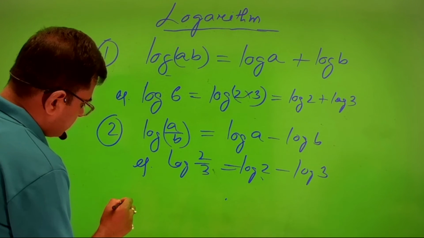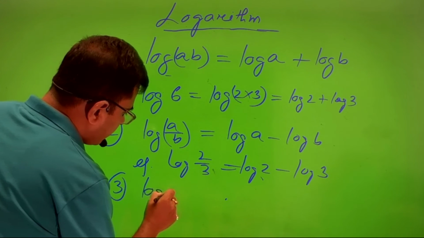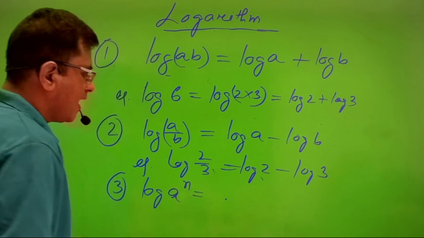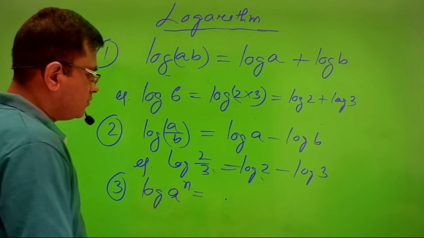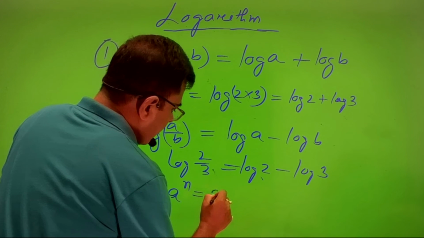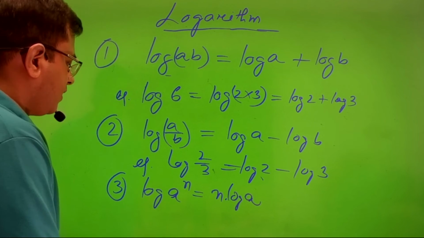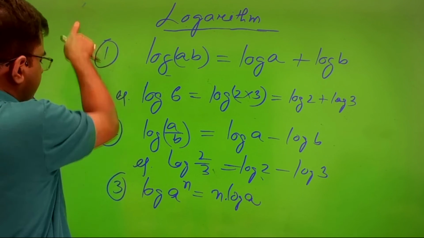Let us take the next one. The next property is log of a to the power n, where n can be any real value. The log of a raised to the power n equals n into the log of a. We can take an example.